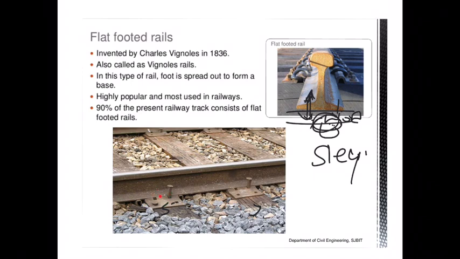Below the foot section, the bearing plates are provided, and through the bearing plates it is connected to the sleeper. By providing the bearing plate, it has been seen that the wear of the sleepers can be reduced considerably. So now, in railways, we most commonly use flat-footed rails in the construction of railway tracks.